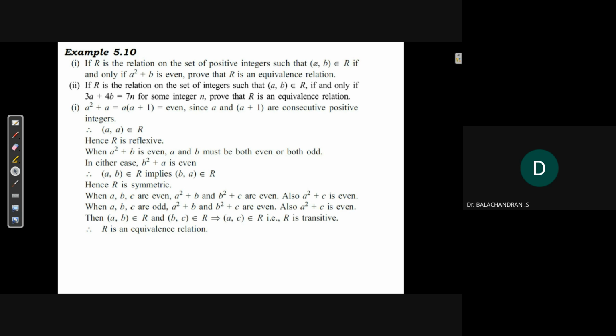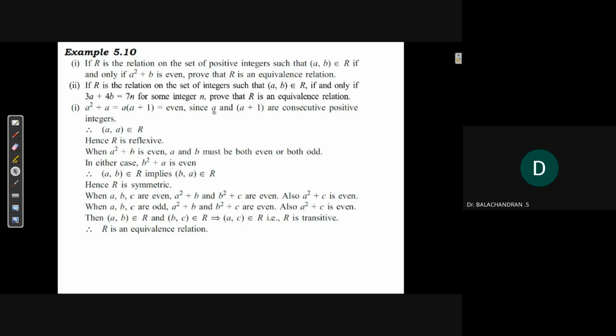So to prove R is reflexive, what do I need to prove? (a, a) belongs to R. We can show (a, a) belongs to R if a square plus a is an even number. So I'll calculate a square plus a, which is equal to a into (a plus 1).